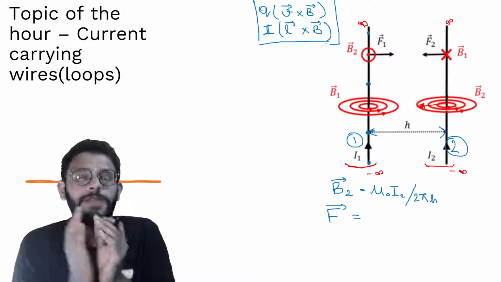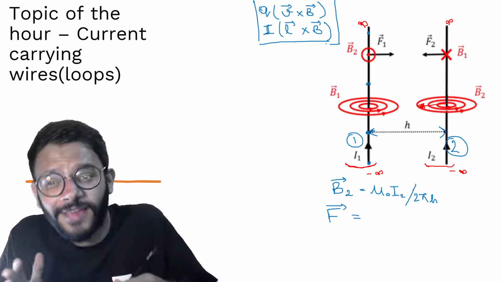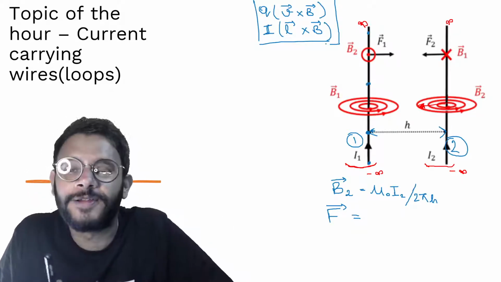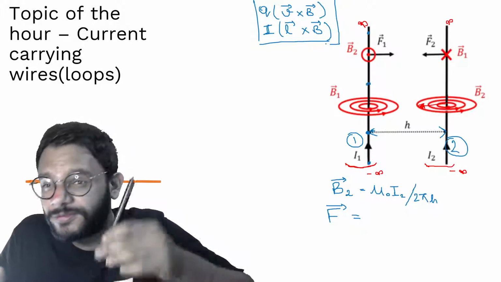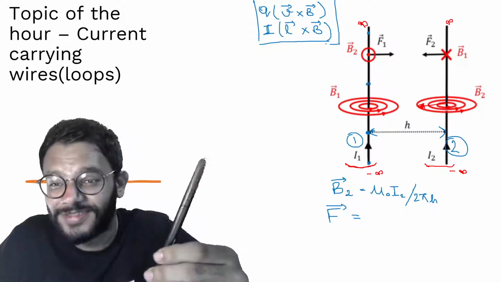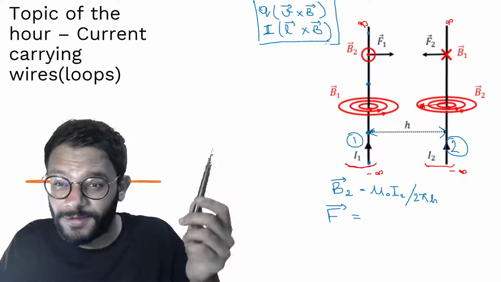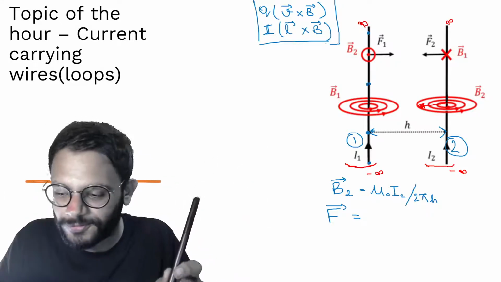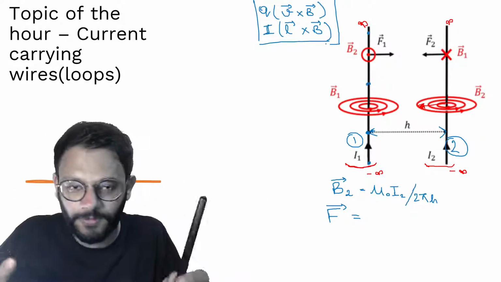This is pretty much intuitive because current carrying charges are nothing but moving charges. I'm getting myself into a corner, but nothing to worry about. We are crystal clear, we know what we are doing.